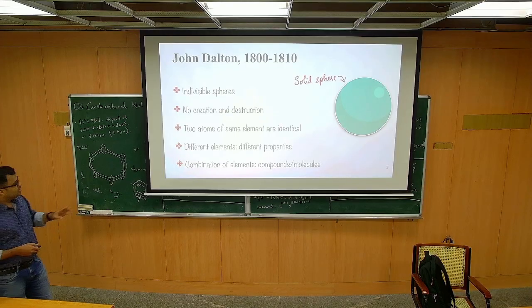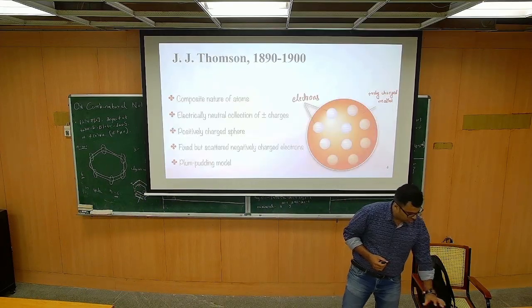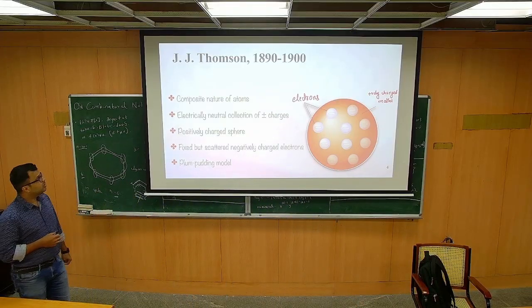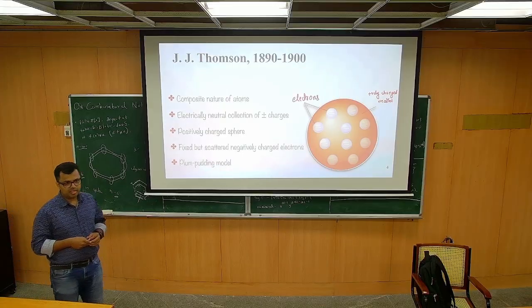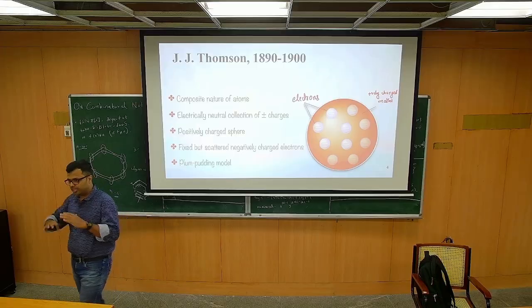So he claimed that a combination of elements gives us compounds or molecules. Later, around 90 years later, J.J. Thomson, after his discovery of electrons, claimed that these are not really indivisible spheres, they have some inner structure.